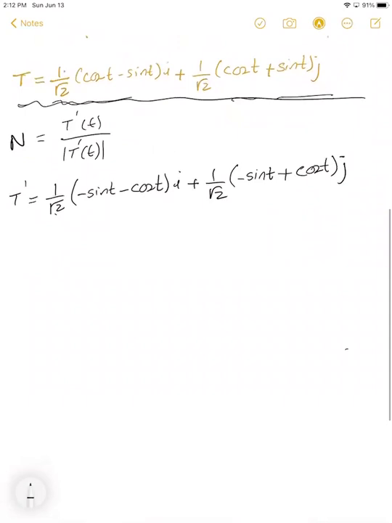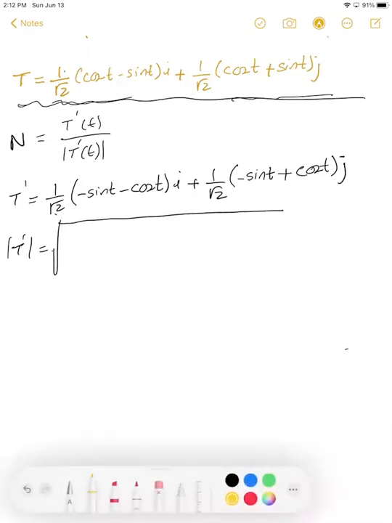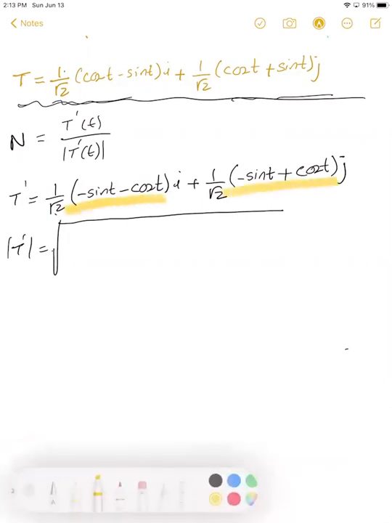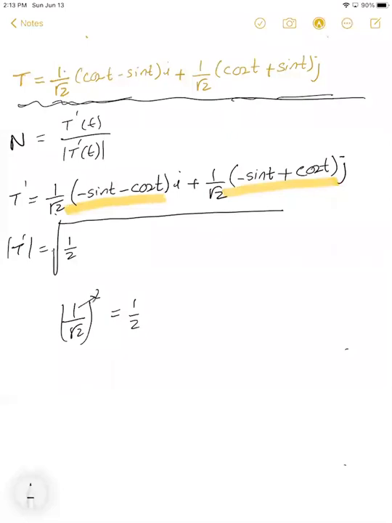Then I have to find the magnitude of T prime. So to find the magnitude, we have to raise this component to the power 2, and then raise this to the power 2. So we get 1 over square root of 2 to the power 2, which is going to be just 1/2. We have to raise 1 over square root of 2 to the power 2, which is just going to be 1/2. 1 to the power 2 is 1, and the square root of 2 times the square root of 2 is just 2.